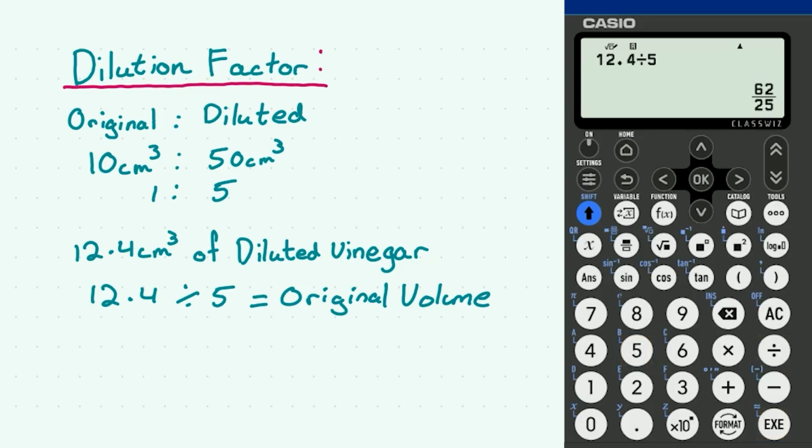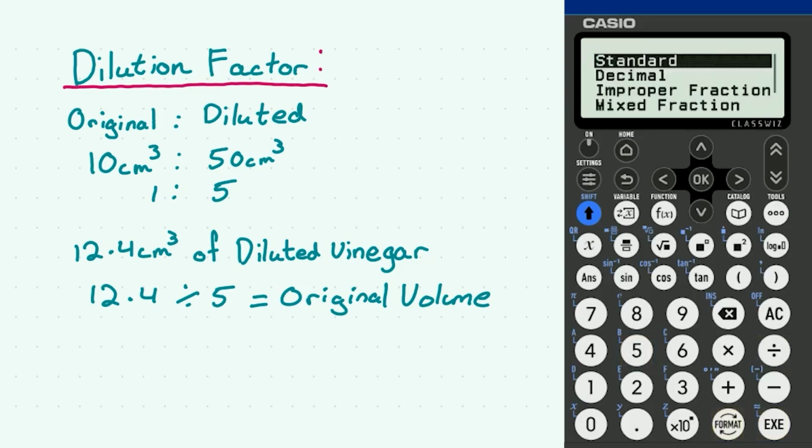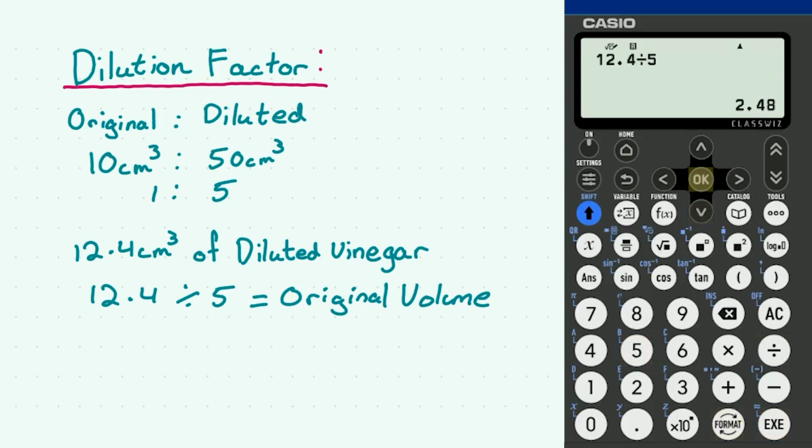In this case, I will just get it in decimal form since it looks a bit cleaner. That'll give you 2.48 centimeters cubed. So 2.48 centimeters cubed of the 12.4 will be the original vinegar.